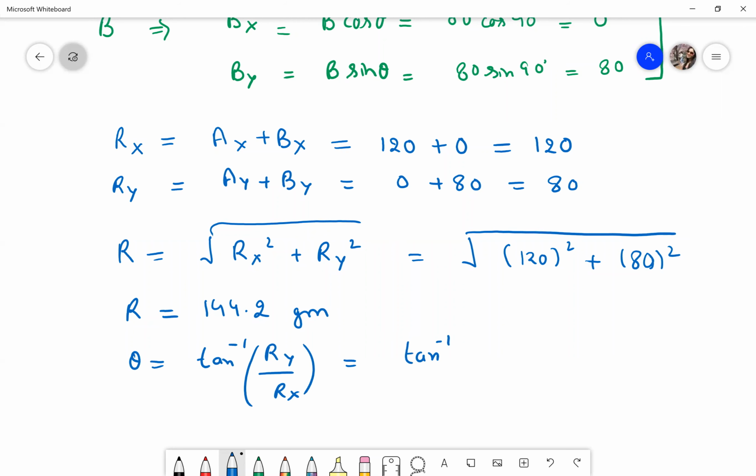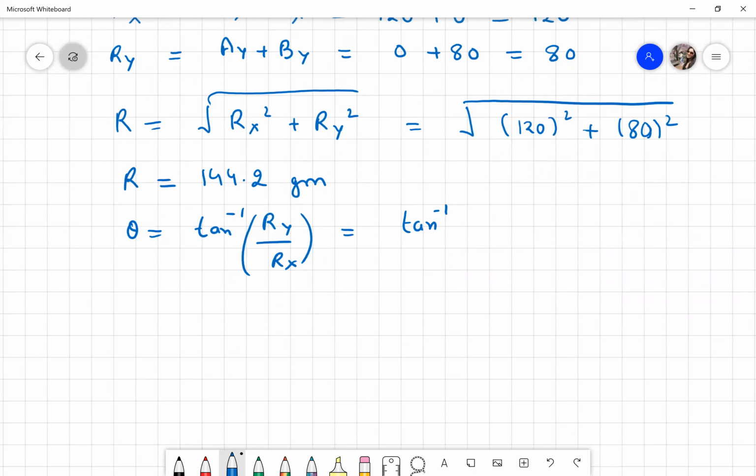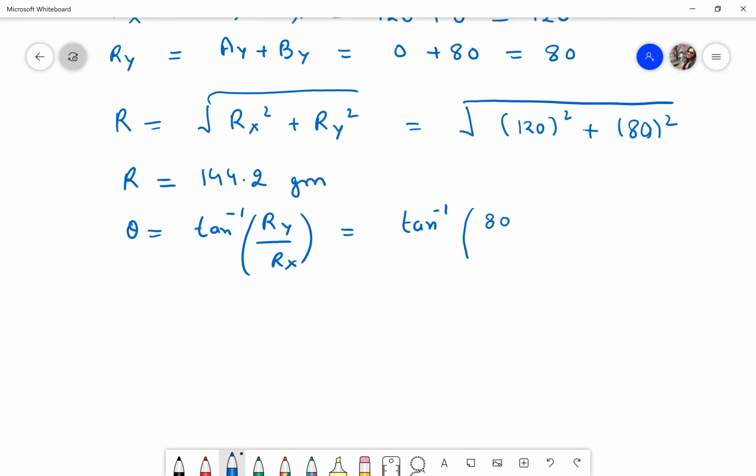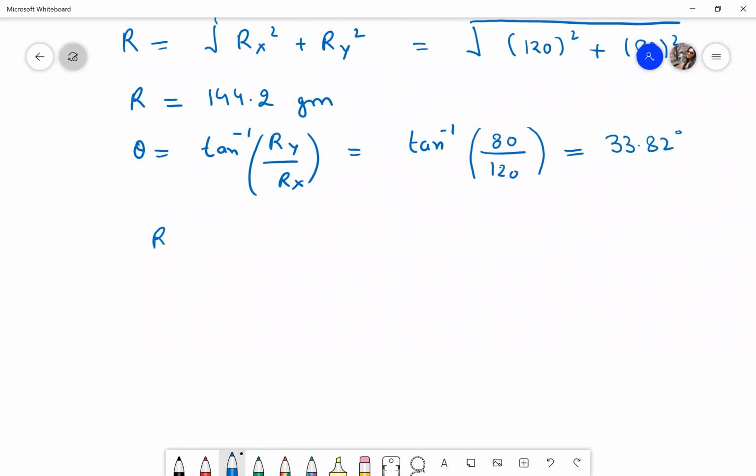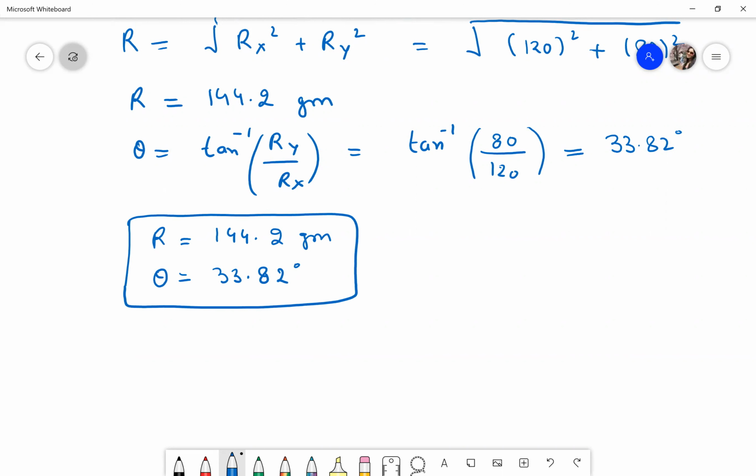When we plug in these numbers, it's tangent inverse of 80 over 120, and that comes out to be 33.82 degree. So now we got the resultant: R equals 144.2 gram and theta equals 33.82 degree. This is the resultant by using the component method.